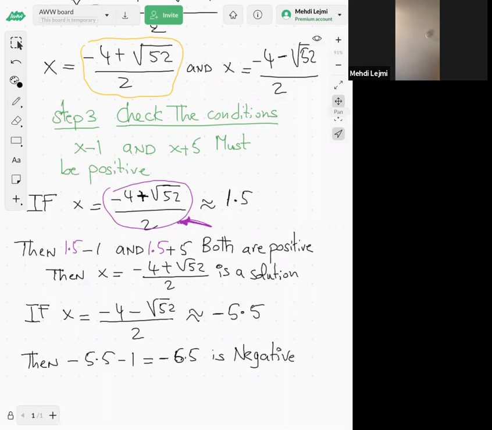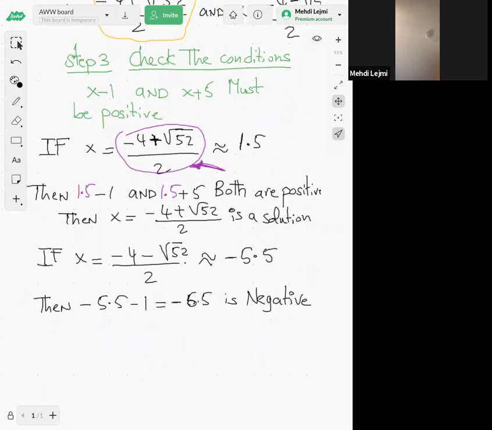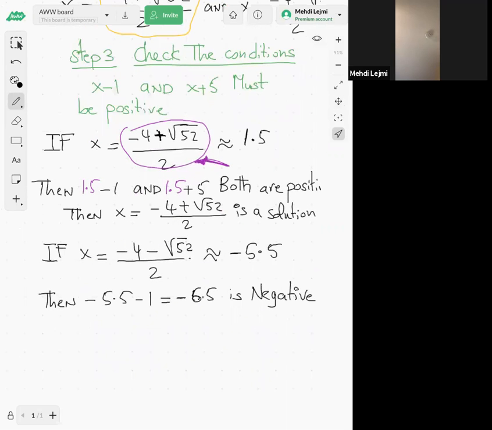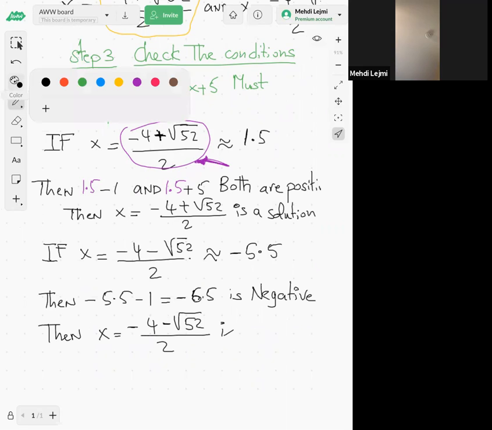So x equal to negative 4 minus square root of 52 over 2 is rejected.